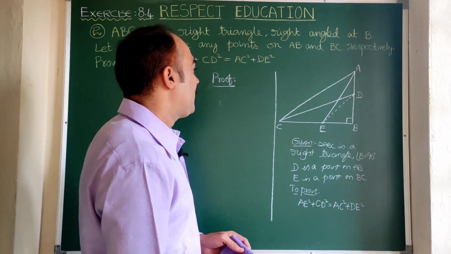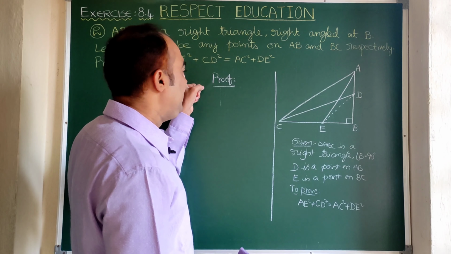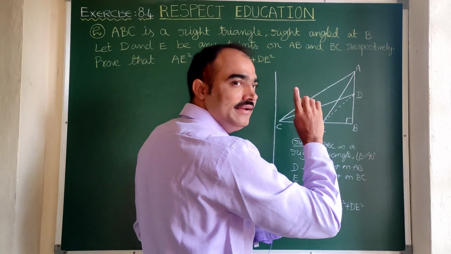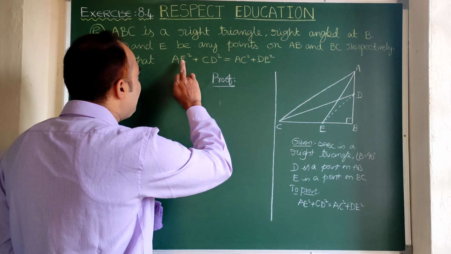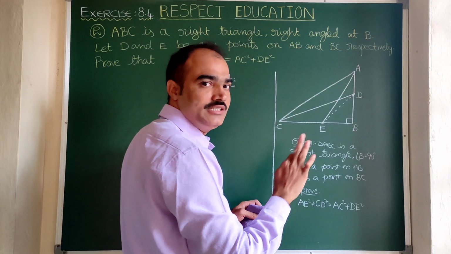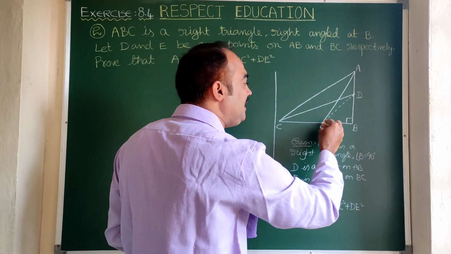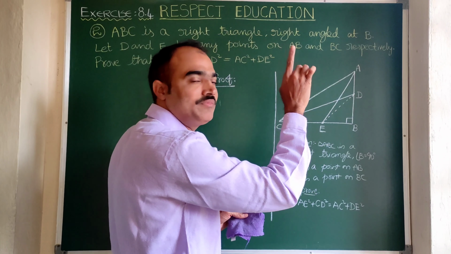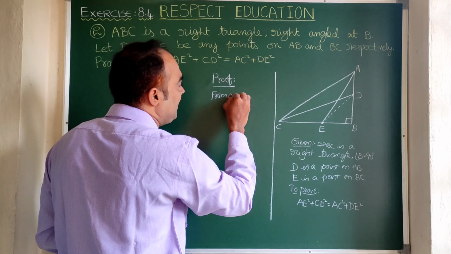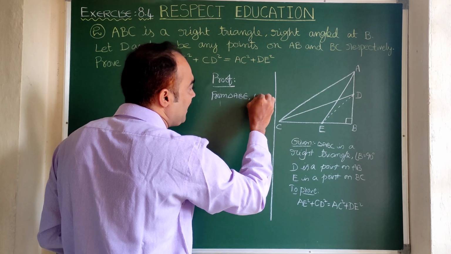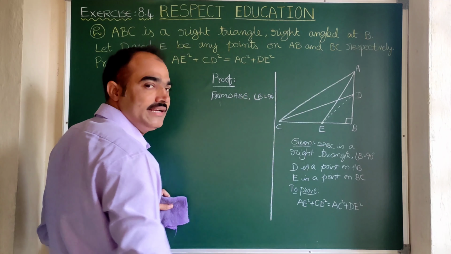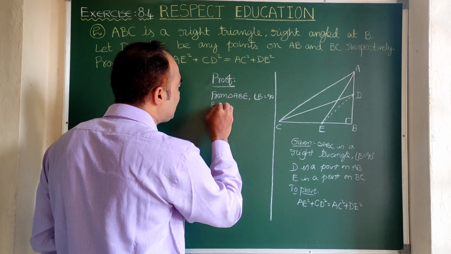Here just observe. For finding AE square, we need to take the triangle ABE. Simple, to find AE square, involve a triangle which has AE. So here from triangle ABE, where angle B is equal to 90 degrees, therefore we can apply Pythagoras theorem.